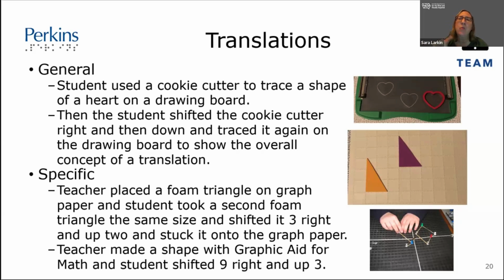It helps to contain where their drawing tool is. Once they get more advanced with the basic concept, then they can actually use grid paper or the graphic aid for mathematics to actually use stickers or push pins to create certain shapes that have just been shifted. And they can count those squares to make sure it's always shifted the same direction.